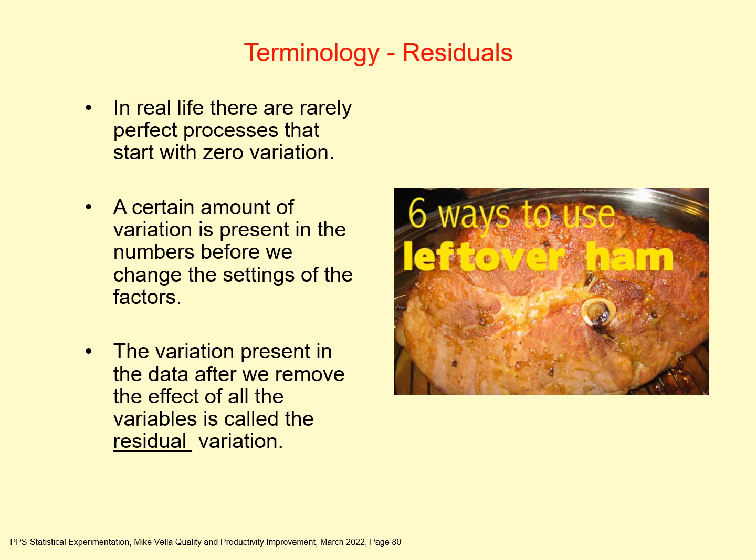Some more terminology. In real life, there are rarely perfect processes that start with zero variation. A certain amount of variation is present in the numbers before we change the settings of the factors. The variation present in the data after we remove the effect of all the variables is called residual variation or leftover variation.